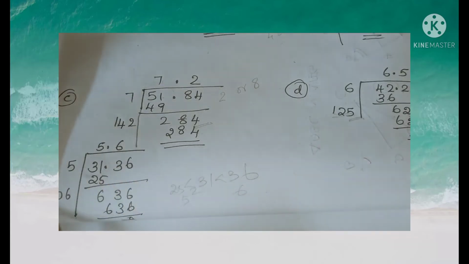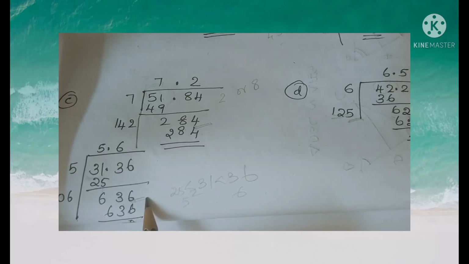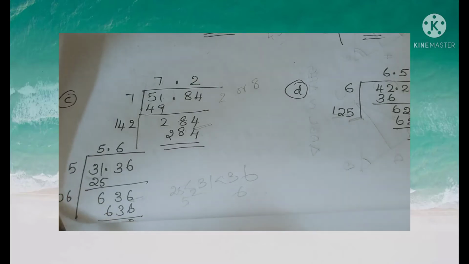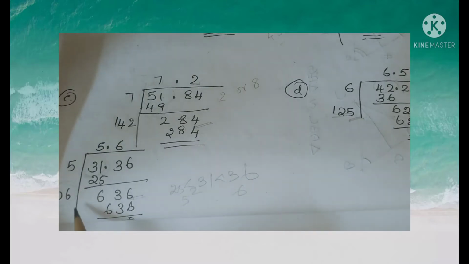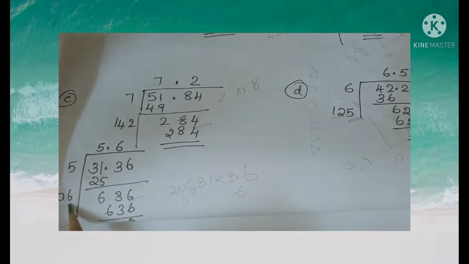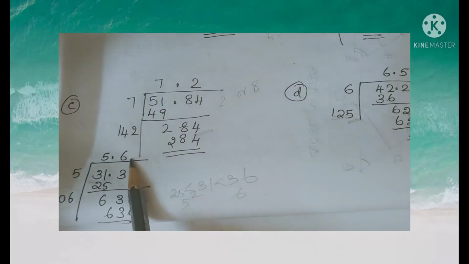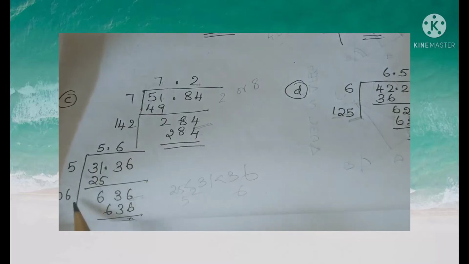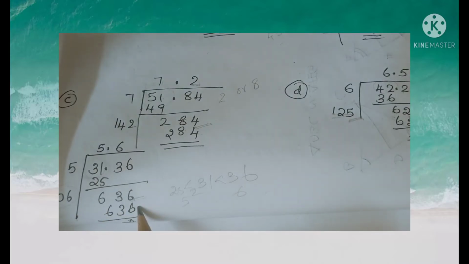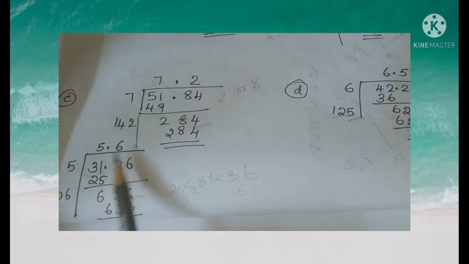Then 10 is the number, double of 5. The number is ending with 6. After checking, we can say that 6 comes here, and we also write that on top. Then 6 into 6 36, 6 into 0 0 plus 3 3, 6 into 1 6, so the square root is 5.6.